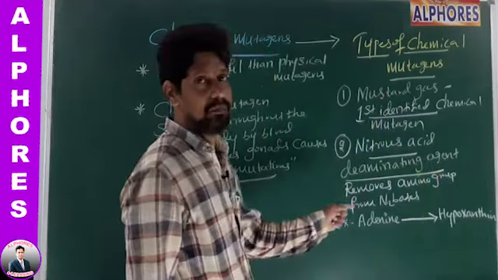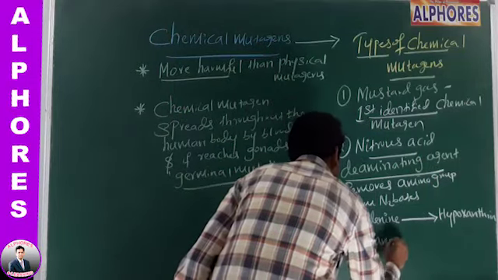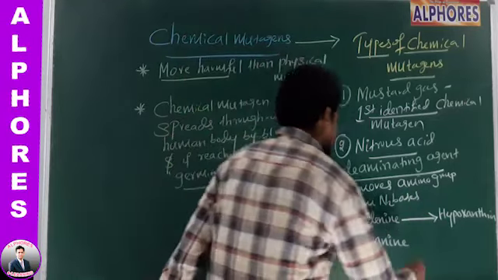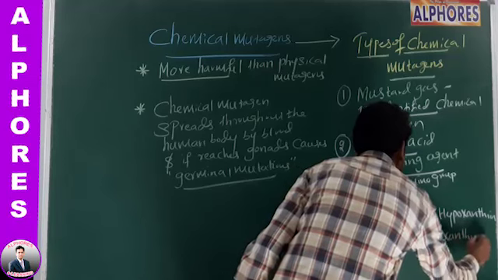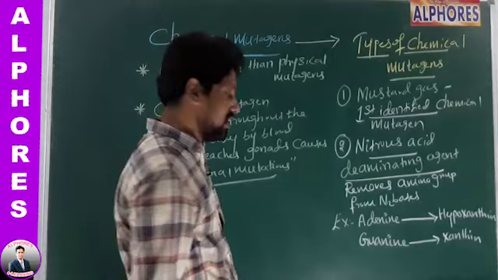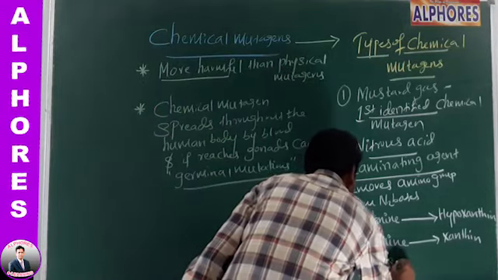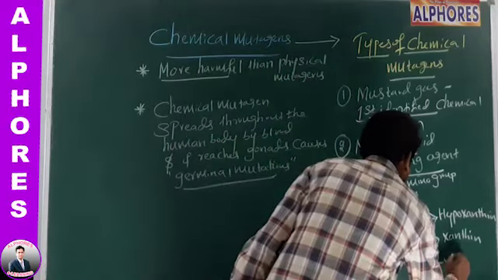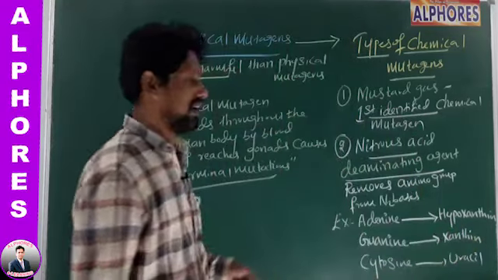If you take guanine, on deamination, this guanine forms xanthine. On deamination, cytosine forms uracil.